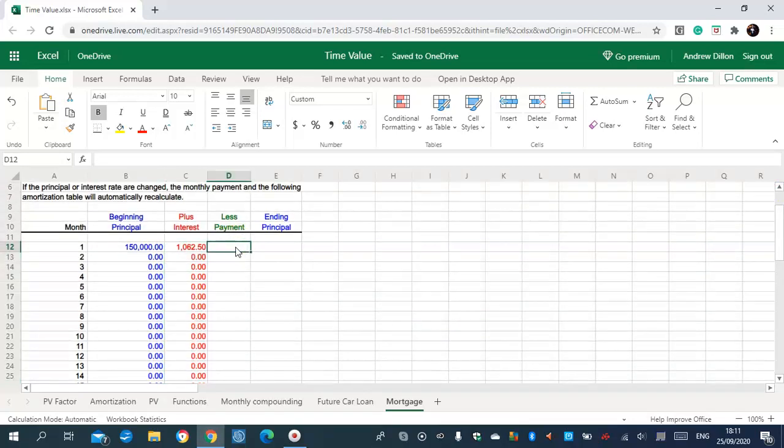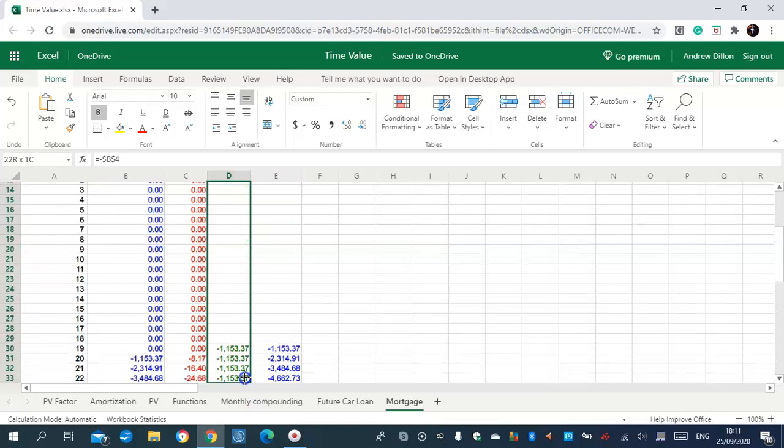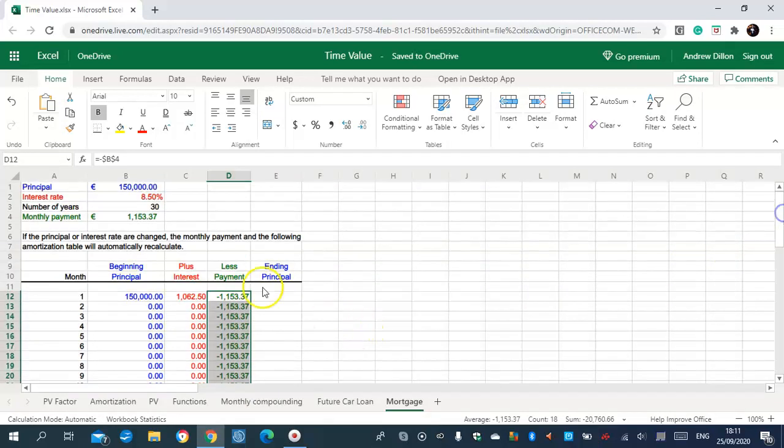Less payments, next one. And last but not least, ending principal.